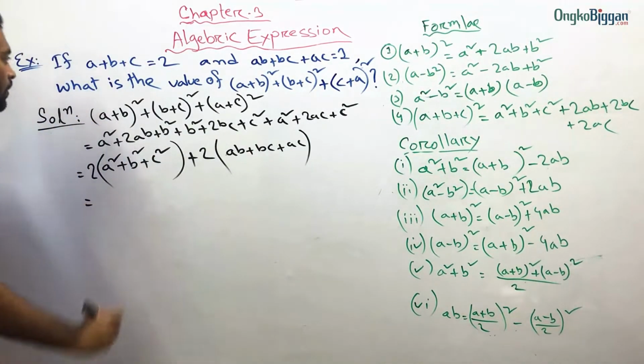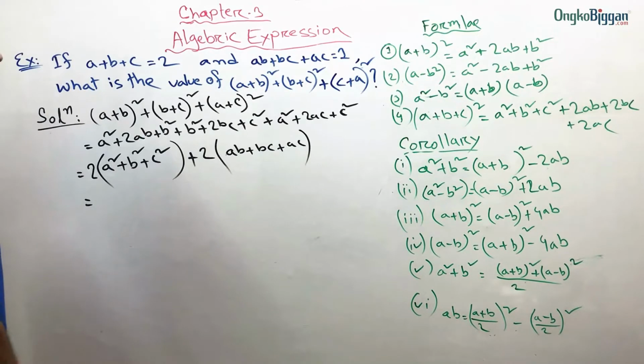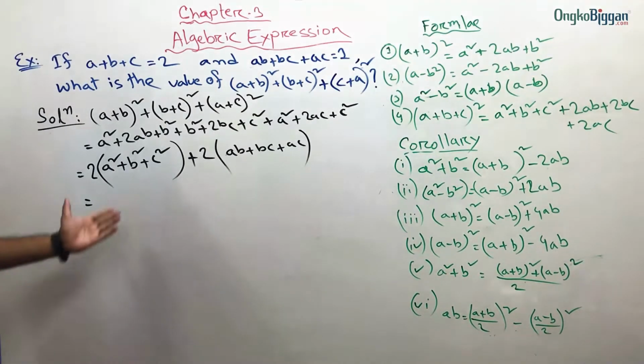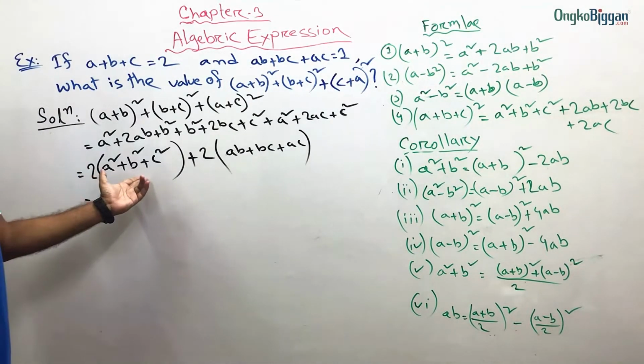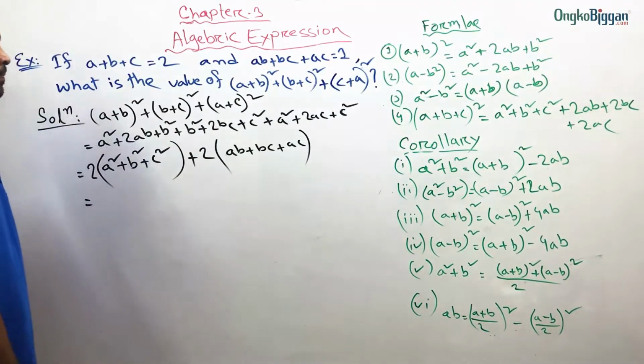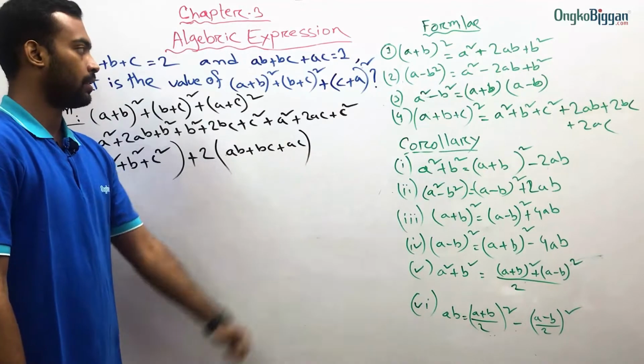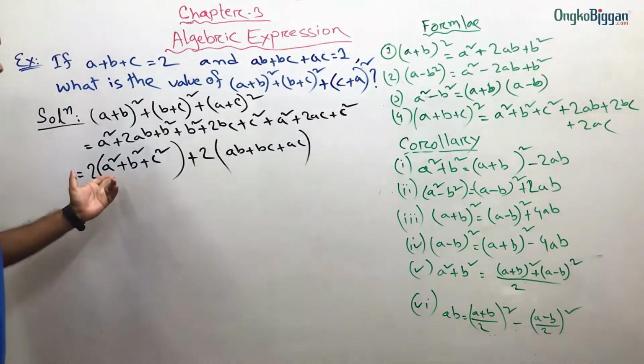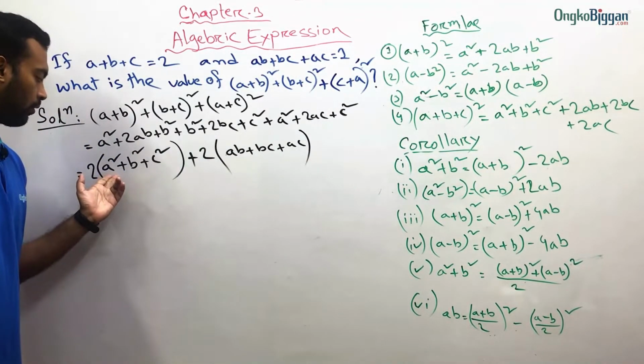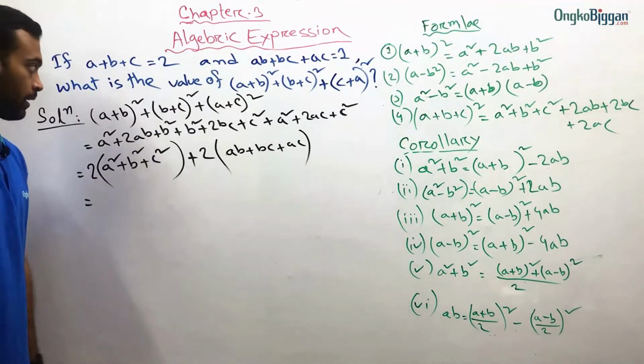So let's see how we can solve this. We don't know the value of a square plus b square plus c square, but we know the value of ab plus bc plus ac. So how do we figure out the value of a square plus b square plus c square?